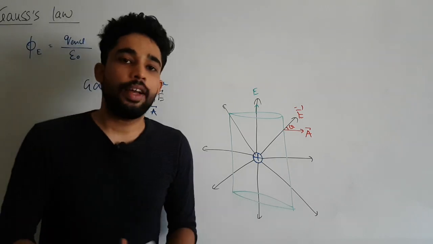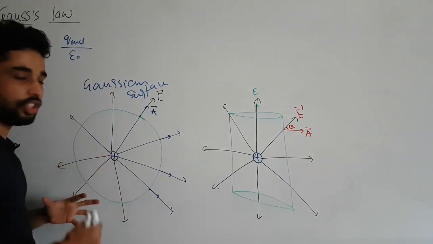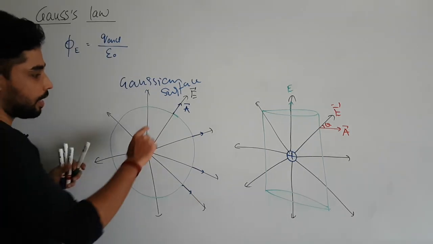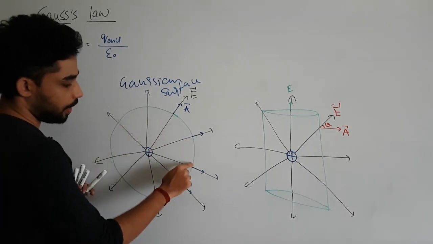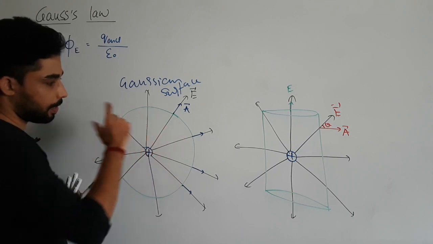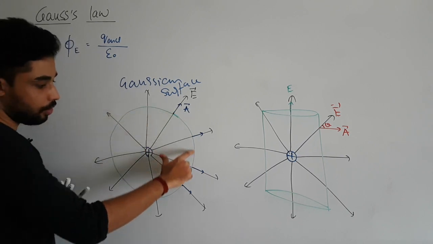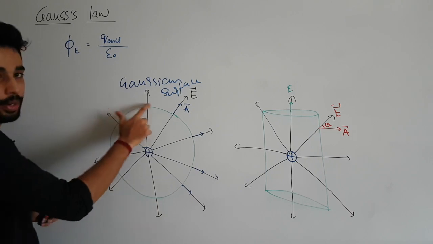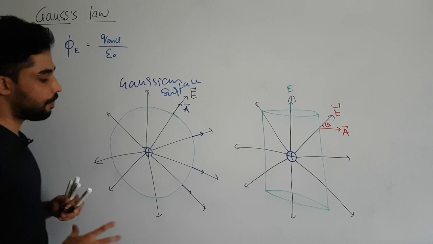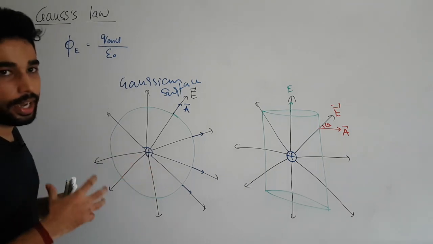So that is why we have to consider some symmetric shape. The best symmetric shape would be a sphere. And also, as you can see, all these points are at the same distance from the center or from the charge. That means the electric field values will be the same at all these points. Therefore the sphere is the best Gaussian surface in this case to find the total electric flux.